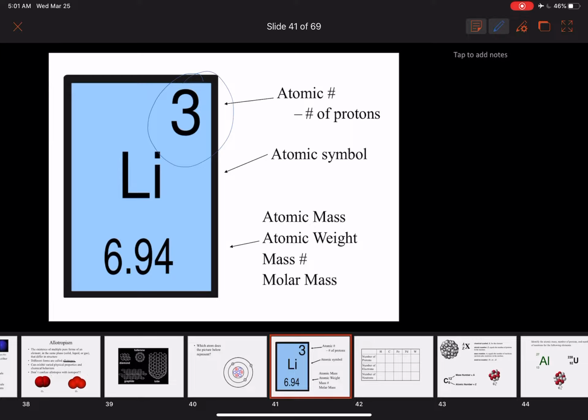Now down at the bottom we have 6.94, and we talked about how that means that a lithium has an average mass of 7. And because for our purposes electrons don't weigh anything and protons weigh 3, that must mean that the rest of the mass comes from 4 neutrons.